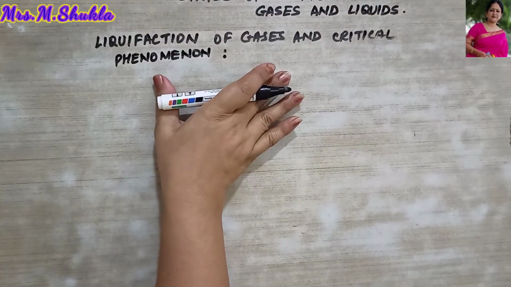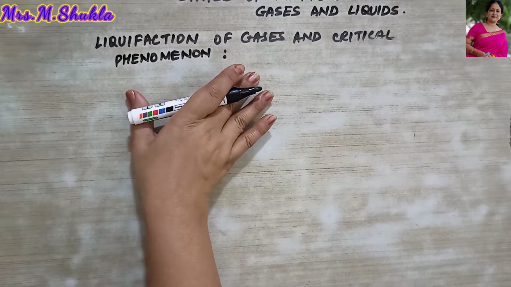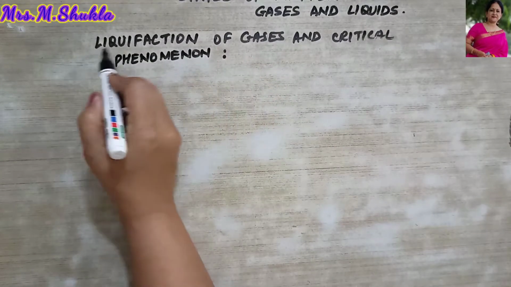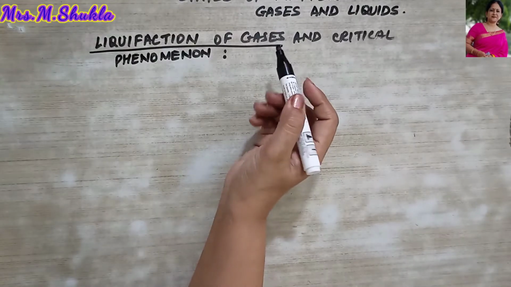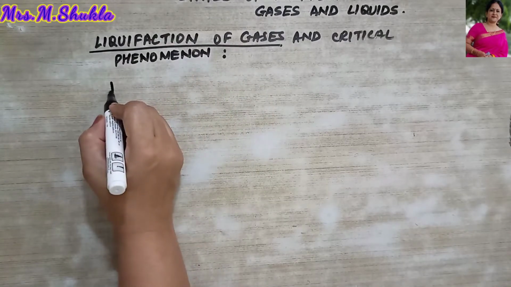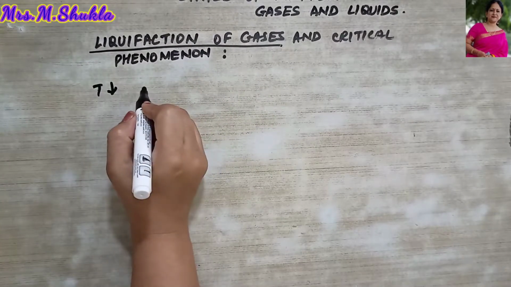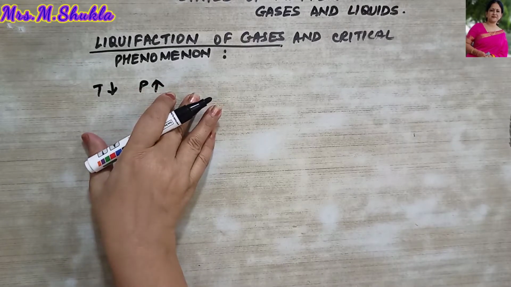Now let us understand the liquefaction of gases and the critical phenomena. When we talk about liquefaction of gases, it means what? To liquefy the gas. How? By lowering the temperature and increasing the pressure.